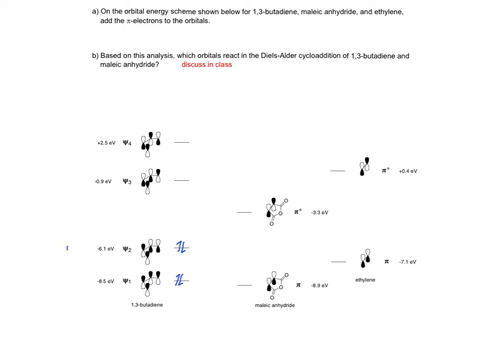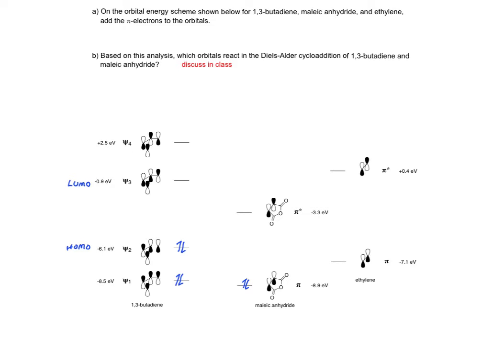The orbital at minus 6.1 electron volts is the highest occupied molecular orbital. Then psi-3 is the lowest unoccupied molecular orbital. For maleic anhydride, there are two electrons in the single alkene, and so I add them in this position.